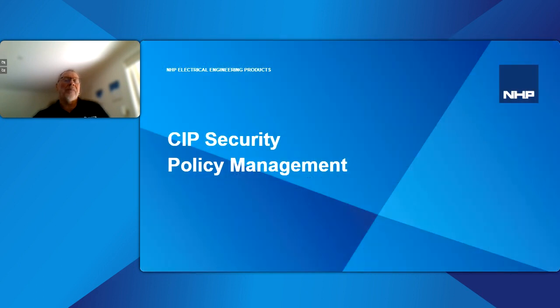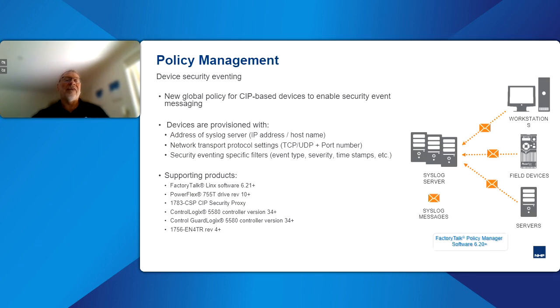Okay, so CIP Security Policy Management. What's this about? Part of 62443 is that to be compliant, devices have to have syslog auditing, or an auditing function. Everyone uses syslog; it's the preferred method.